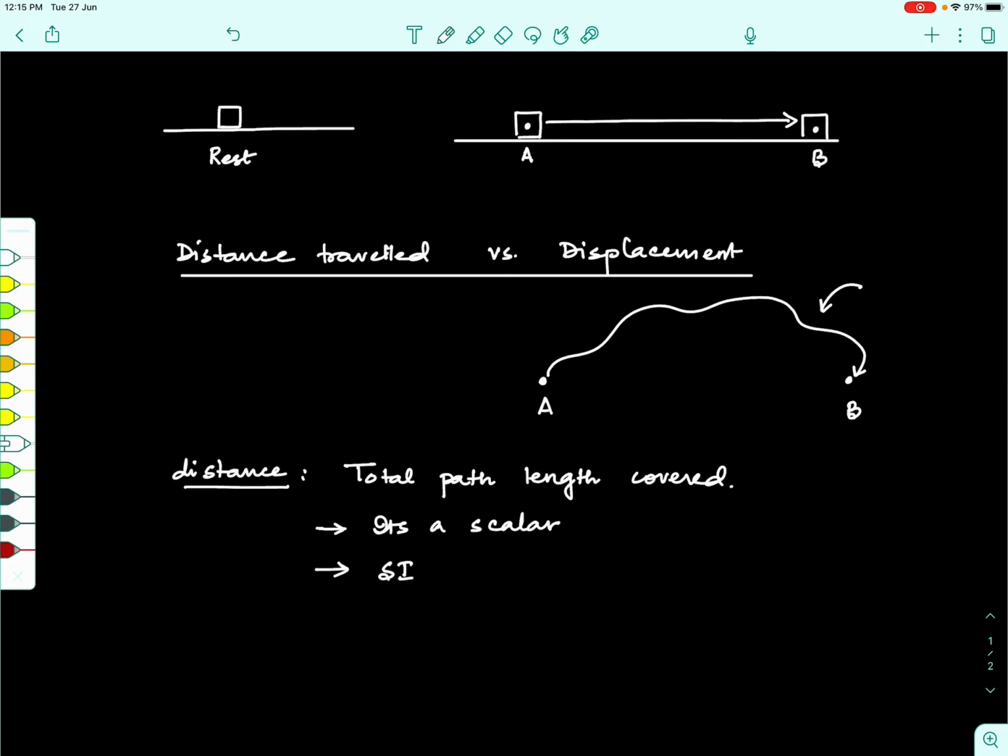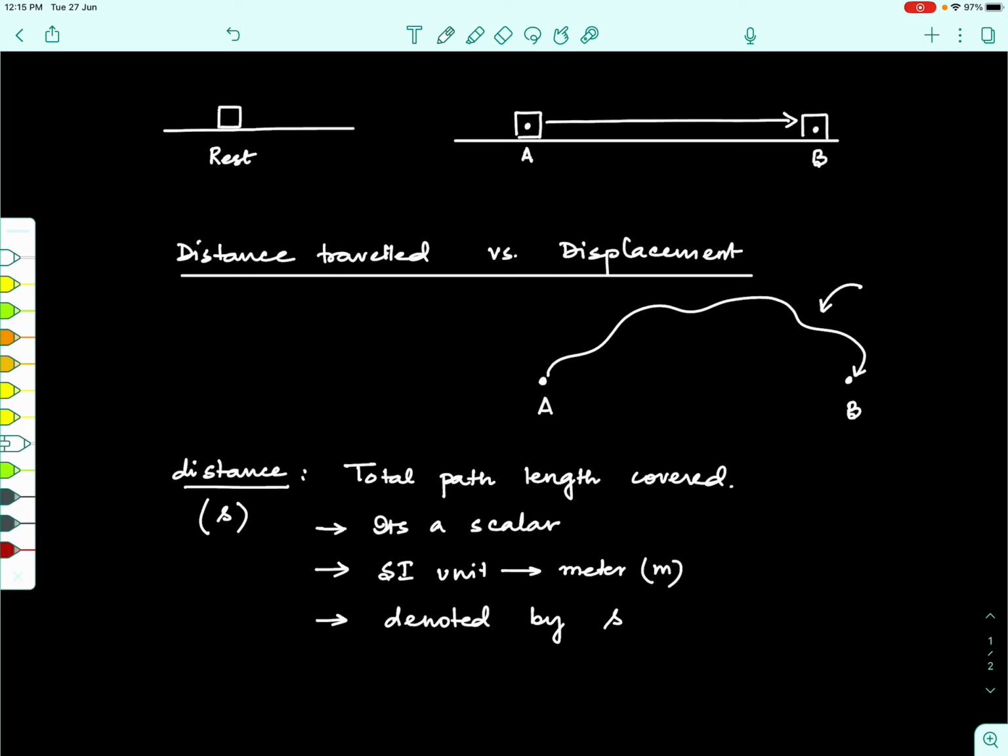The SI unit is meters, written in short as m, and we denote it by a letter s. It is denoted by a small s, just a small s, nothing else. So if we have to write distance in short, we will simply write it as s. In questions you will find this being mentioned like this. So just by looking at this term, we understand that we are talking about the distance travelled.